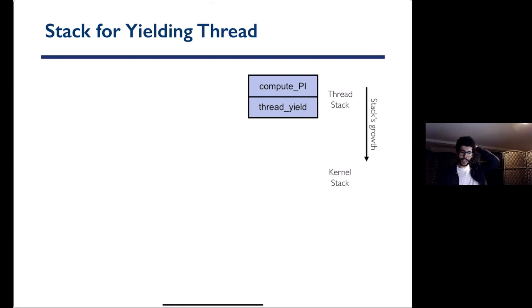Let's remember that code that I had, while true. I'm going to compute pi, the next number in pi, and then I'm going to call thread yield.